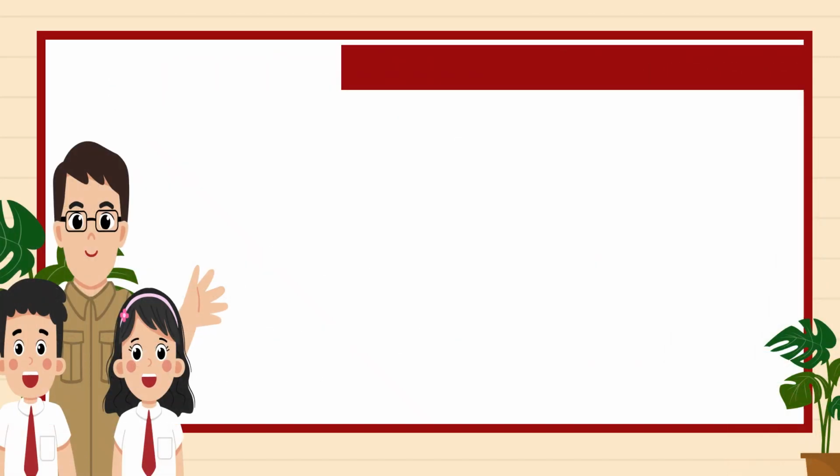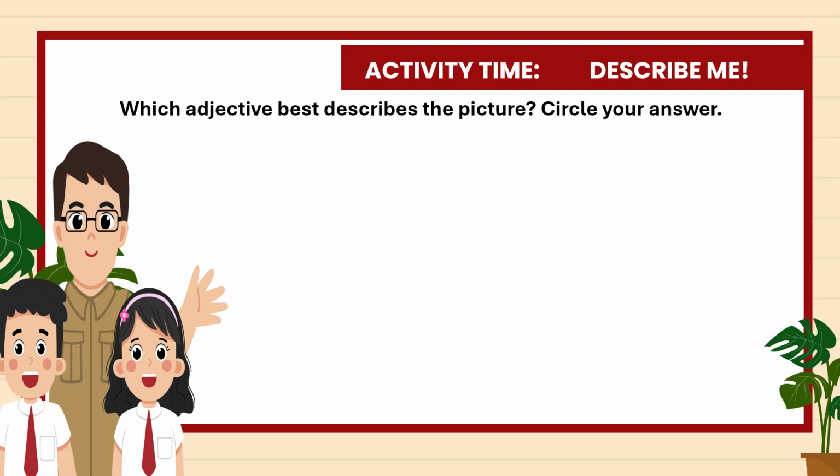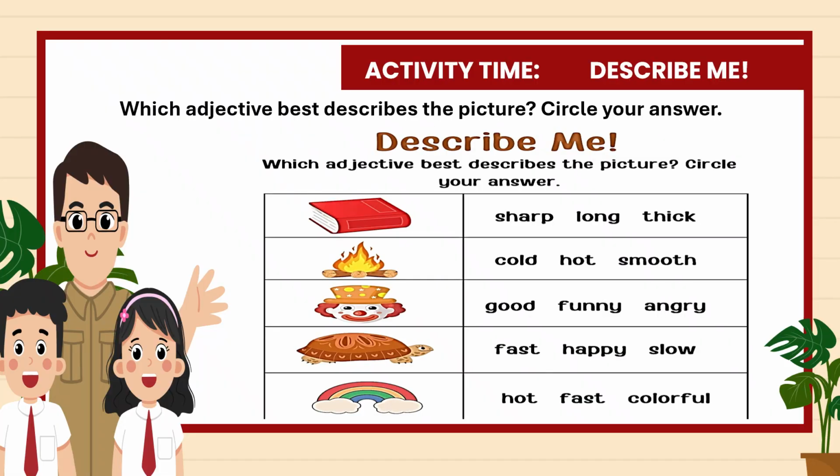Now, let's have an activity. Our activity is called Describe Me. I will show a picture and I want you to choose the best adjective to describe it. You have to tell me your answer from these words.